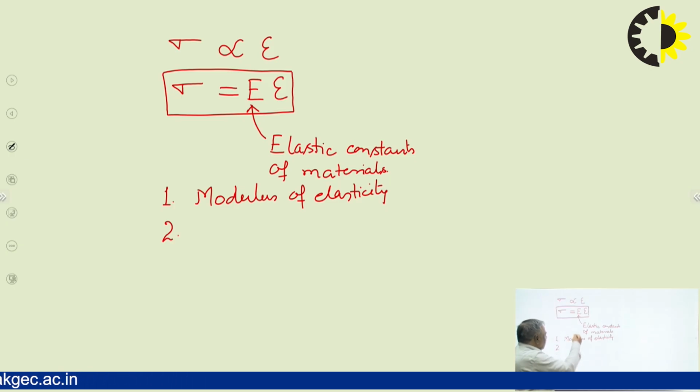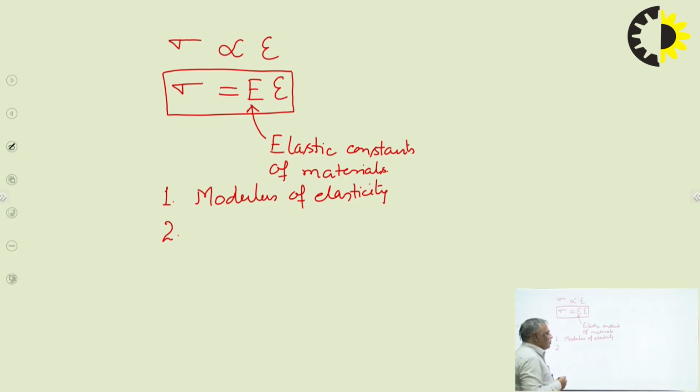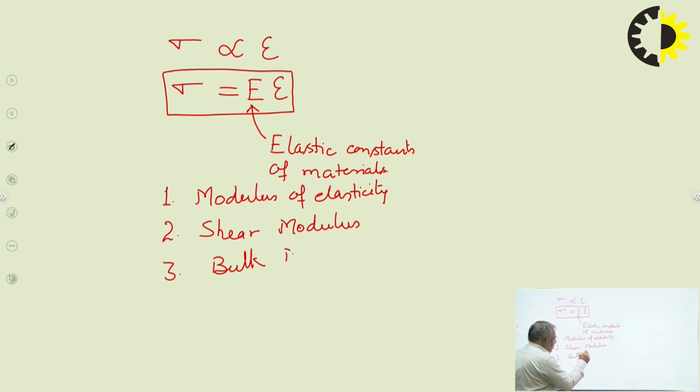So I am briefly discussing the elastic constants here. Modulus of elasticity, then shear modulus, then the third one is the bulk modulus, and the fourth one is the Poisson's ratio.